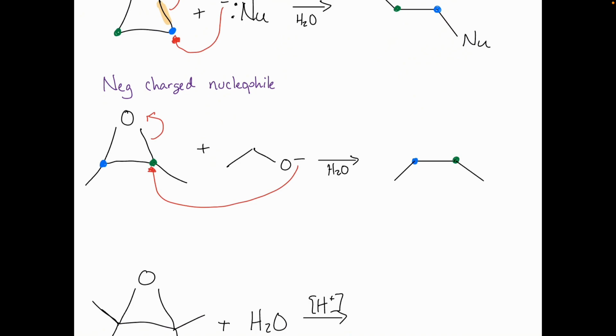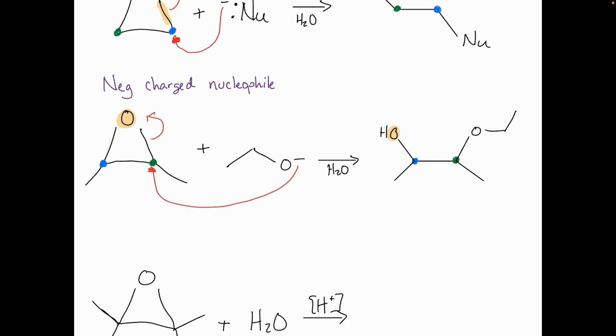But now I'm going to attach that nucleophile to my green carbon, okay? And it gets attached at that oxygen for my negatively charged nucleophile. The blue carbon then has what group on it? The alcohol group, an OH. It still has this oxygen bound to it here, okay?